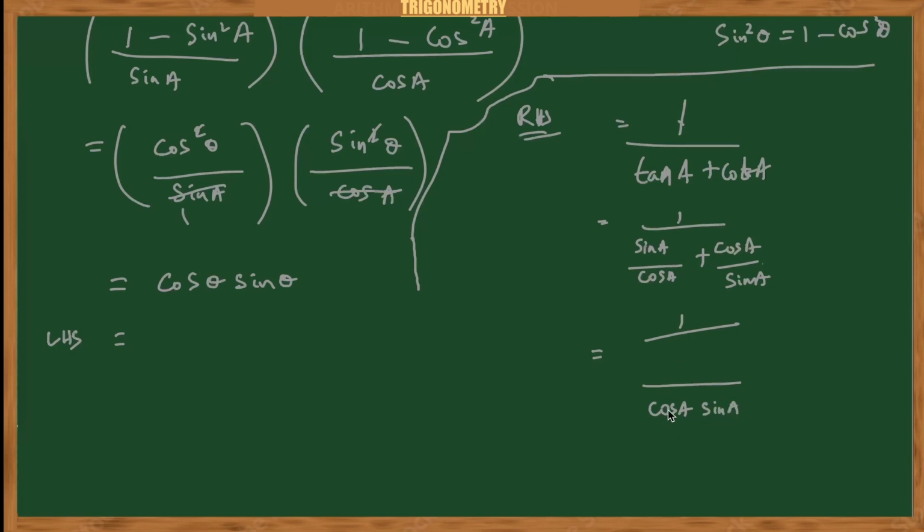Fine. So here cos is there, so sin square A, plus, cos is the LCM, sin becomes cos square A. This is something similar to 1 by x divided by y by 1.